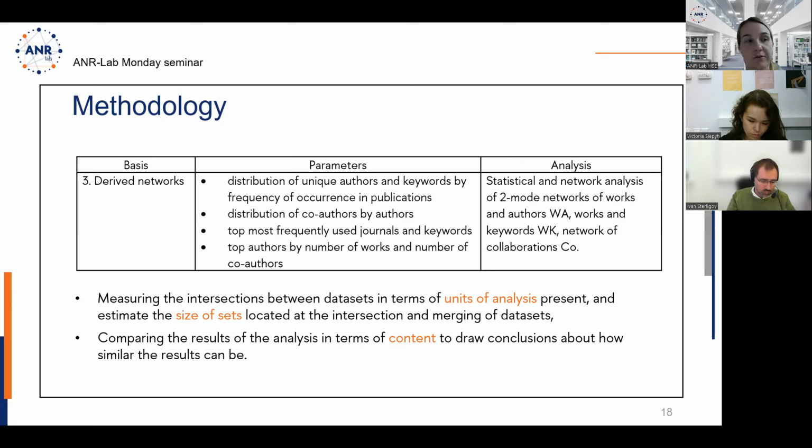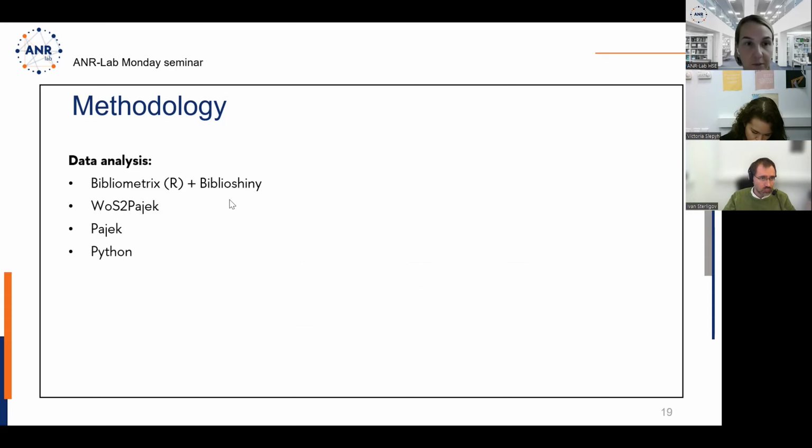So not only how many units we have, but also from a substantial point of view: which results these two databases allow us to get, and which interpretations we can make. So it was the idea which we implemented in our study.